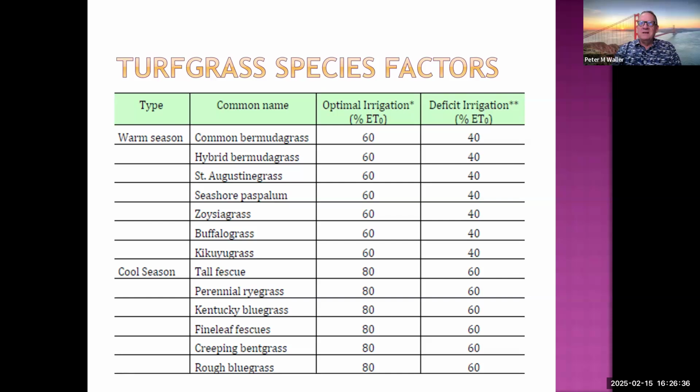But our winter grass is ryegrass, which has a crop coefficient of 80%. But the thing about the crop coefficient of 80% is that the reference evapotranspiration is 1/4 of the summer. So really, they don't use that much water.